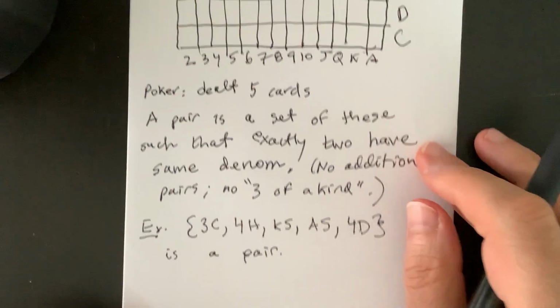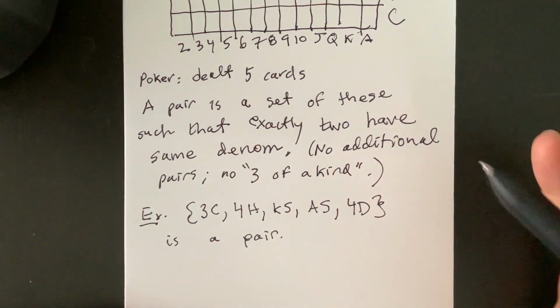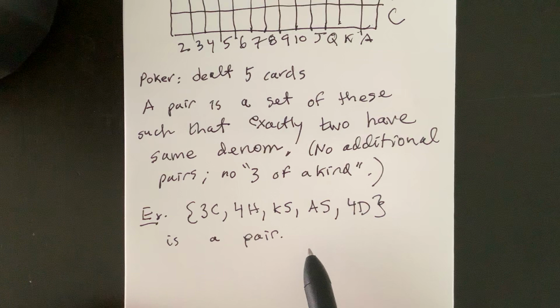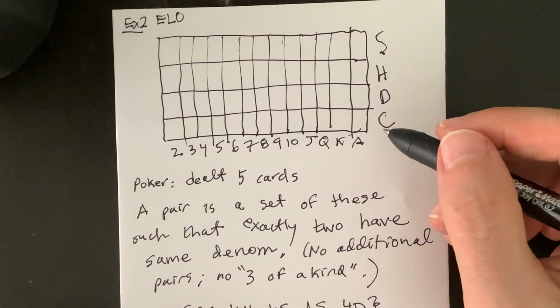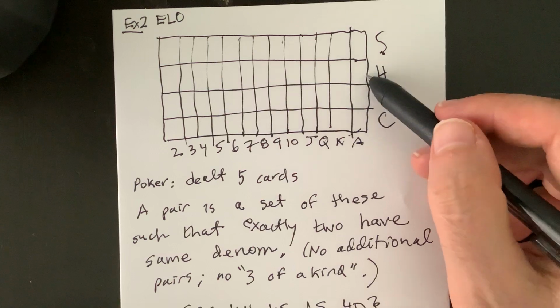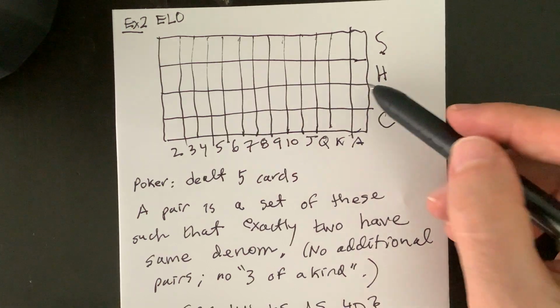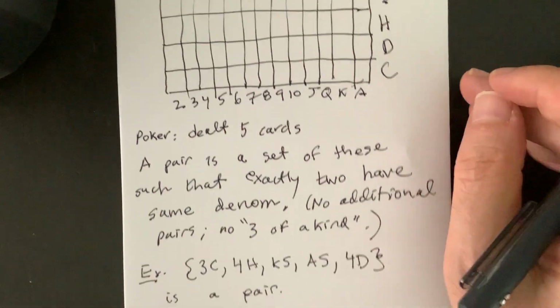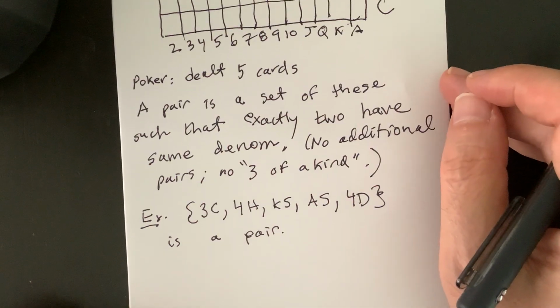So there's 78 total two-card sets that are pairs, and I have to consider what the other cards can and can't be. I can't have an ace if I have another ace. If I have ace of clubs, ace of diamonds, that's a pair. If I have an ace of hearts too, it's no longer a pair. So you have to be a little careful of how we count the pairs.